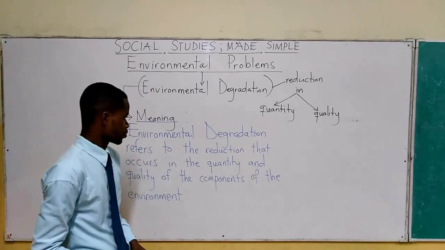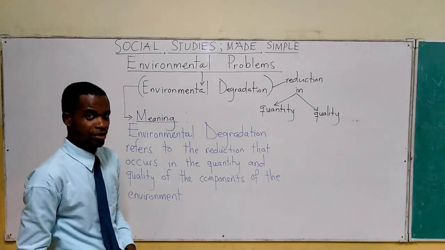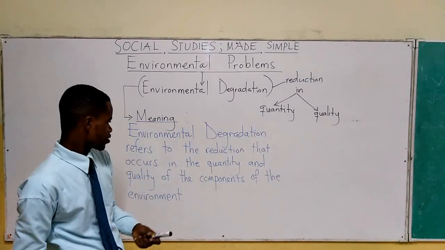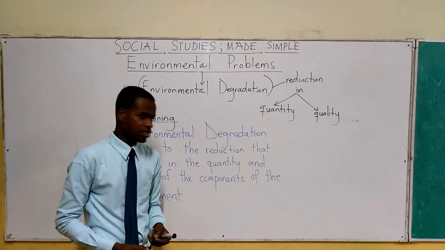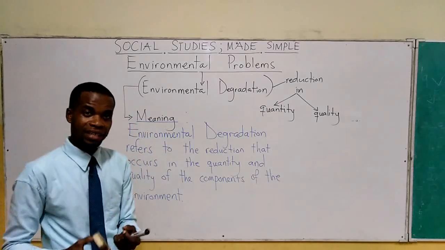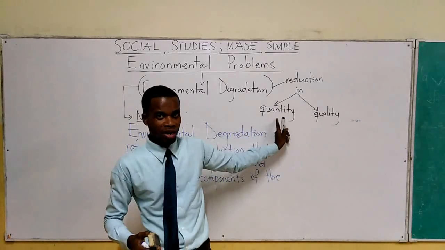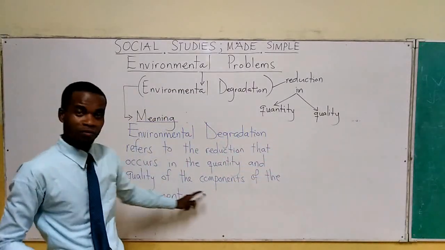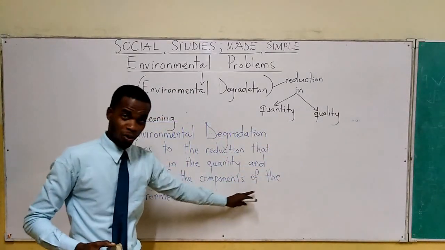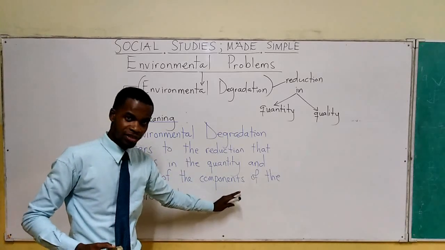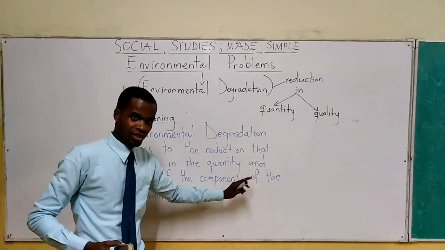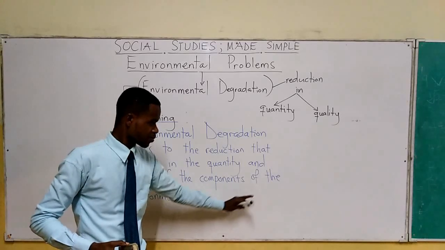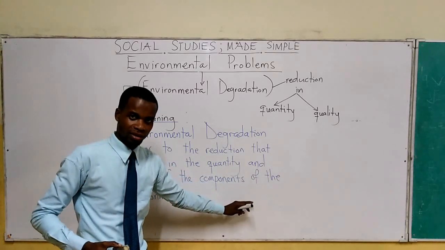Good. Now let's look at the meaning. Environmental degradation refers to the reduction that occurs in the quantity and quality of the components of the environment, the trees, the surrounding air, which is the atmosphere, our highlands and lowlands.